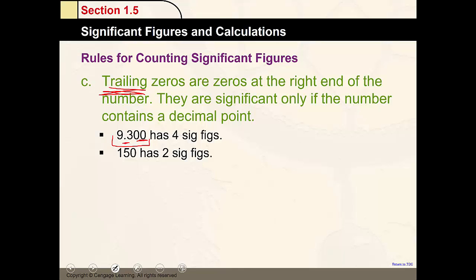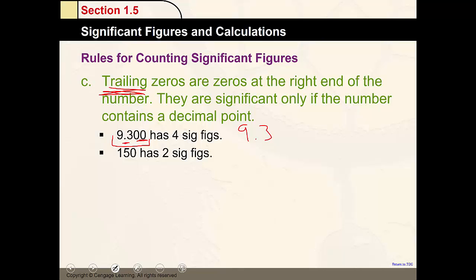So 9.300 has 4 sig figs. The reason why we count those zeros in this case as significant is because they add to the precision of the number. So remember, 9.300 is different than saying just 9.3. 9.300 is more precise than just 9.3.